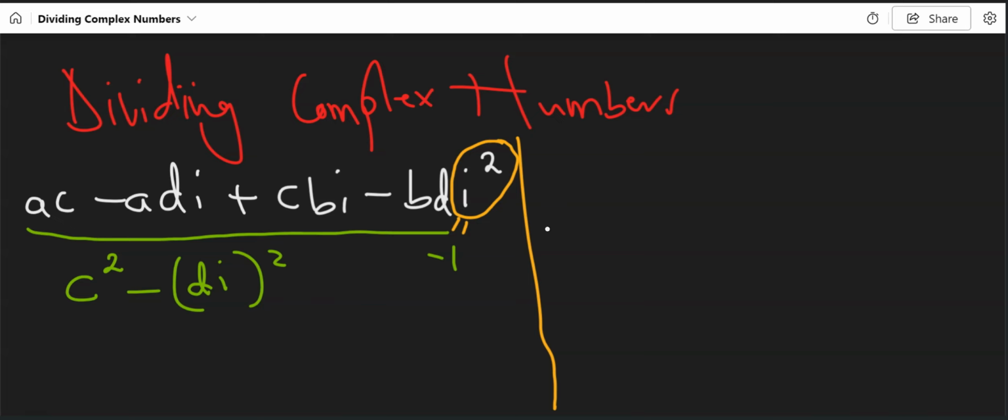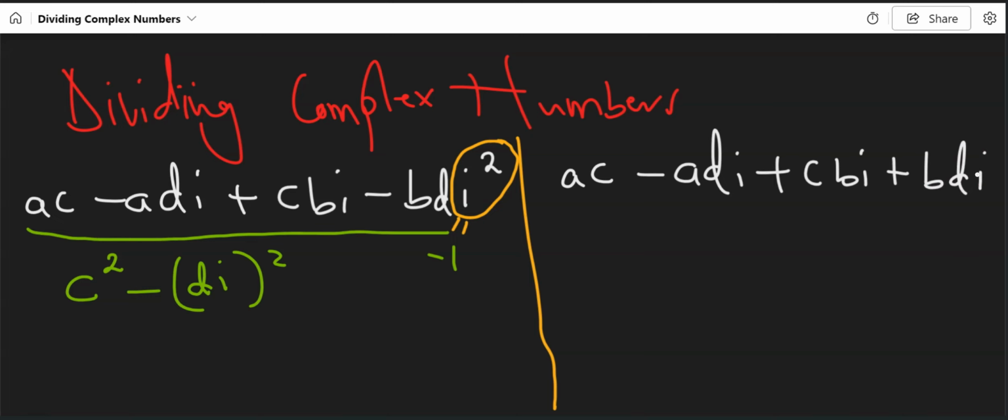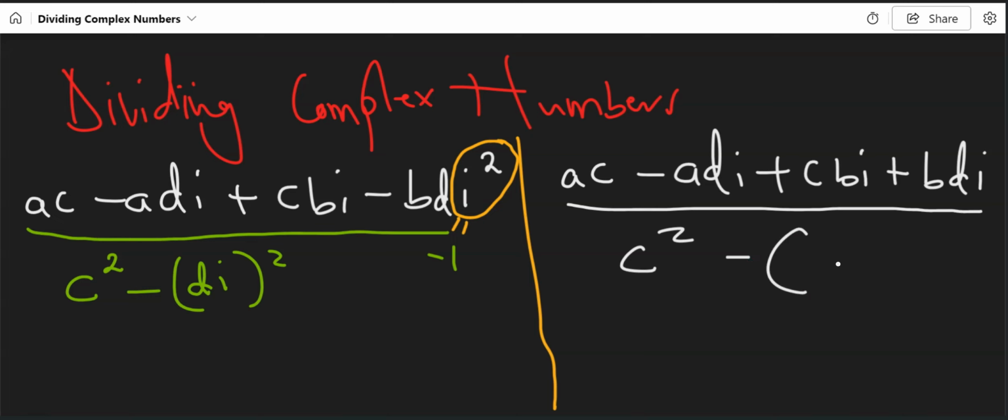The next thing is, now we have our numerator. Let's solve it: ac minus adi plus cbi. Then negative 1 times bdi times negative, that is positive bd. You have solved the numerator. The denominator becomes c squared minus d squared i squared.